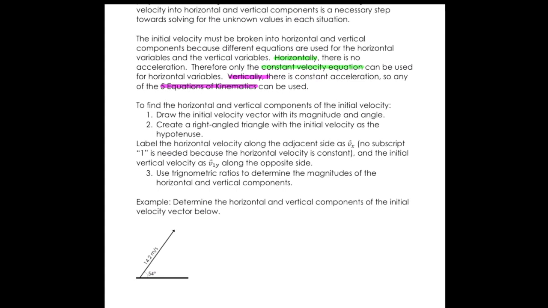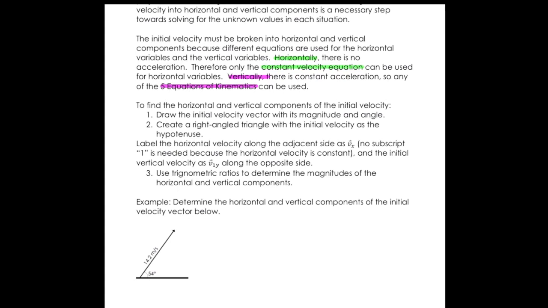So from the eastern barrier, it is 54 degrees north of that. Okay, we're going to create a right angled triangle with the initial velocity as the hypotenuse. So our initial velocity of 14.2 is going to be our hypotenuse.